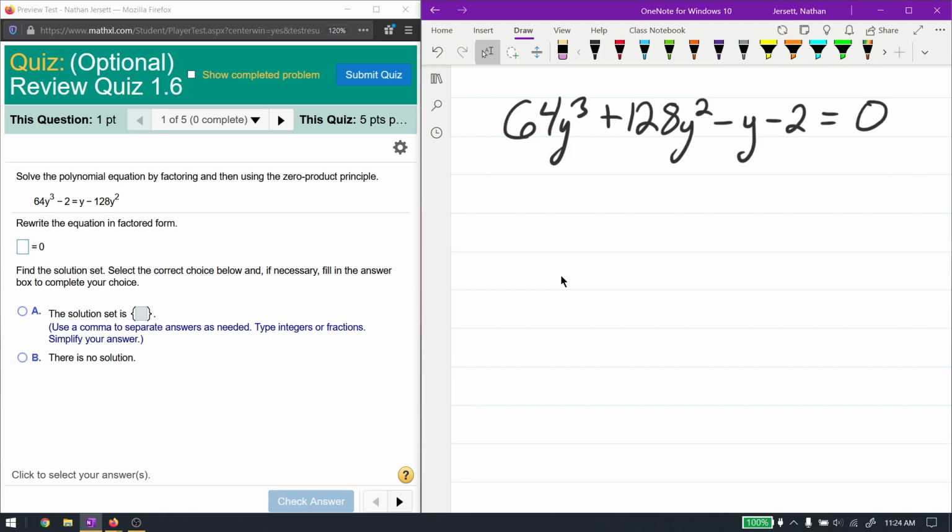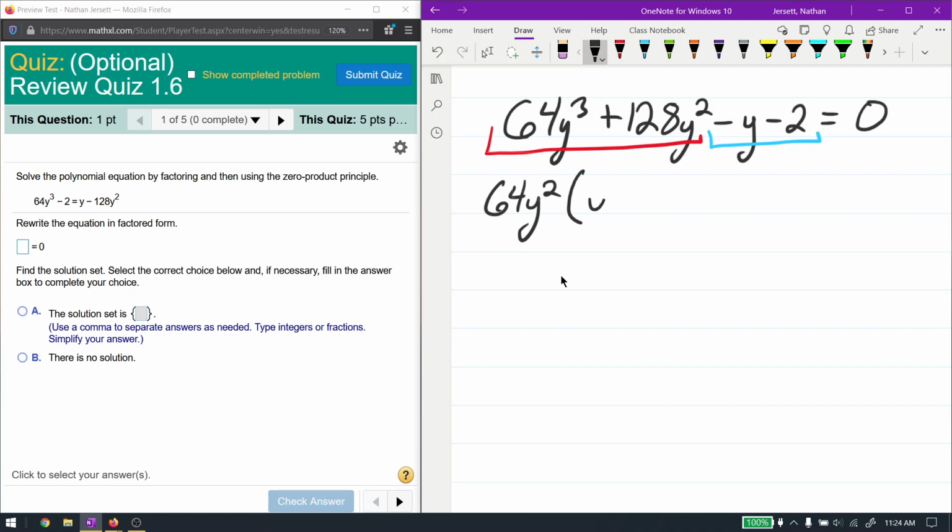Now I can factor by grouping. That's how we can factor cubic polynomials by hand. So looking at the first two terms and then looking at the second two terms. The first two terms, I can take out a 64y squared. So 64y squared.